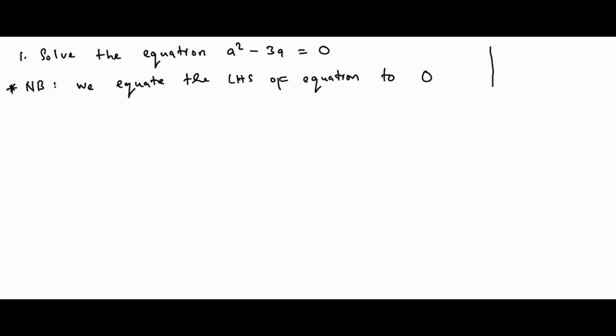So I have taught you comprehensively the anatomy kana kuti the make of an equation. Kuti equation inogadzirwa mainly 3 parts. We have the left side, which is called the left-hand side, which should be equal to the right-hand side. And then saka yatiri kuti left-hand side, like in this case, this is the left-hand side, this is the right-hand side.